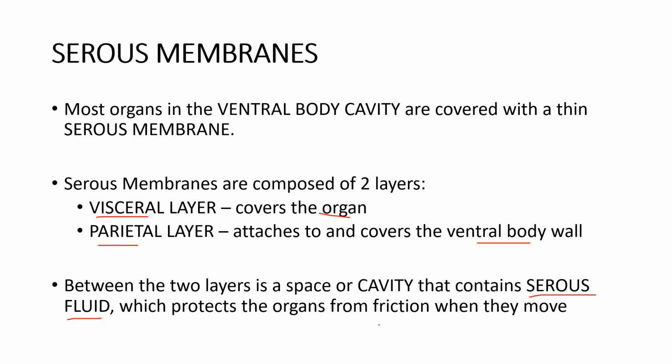And the purpose of this serous fluid is to prevent friction when the organ is moving. So it's beating in its space or it's expanding and contracting like the lungs in its space. These organs move and you don't want them bumping up against the inside wall of the body or bumping up against another organ. So you have this fluid-filled cavity that surrounds the organ to prevent it from rubbing up against other organs and structures.